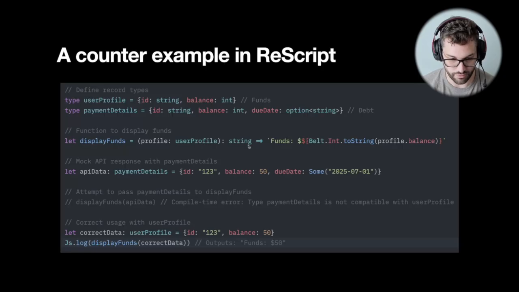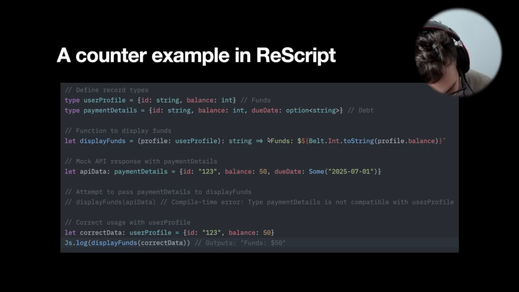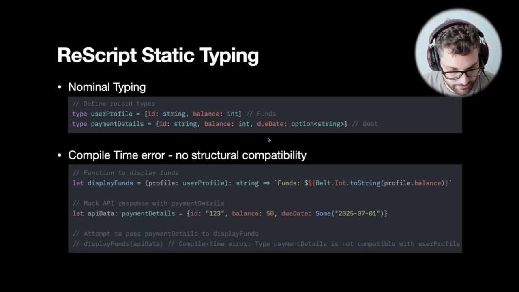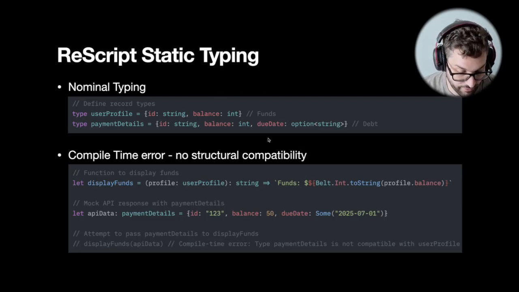Now let's go over line by line what's different about ReScript's static typing. So nominal typing. We've defined two different types, and they are distinct, not because they are structurally different. It's because they're defined differently in the name. So user profile and payment details.